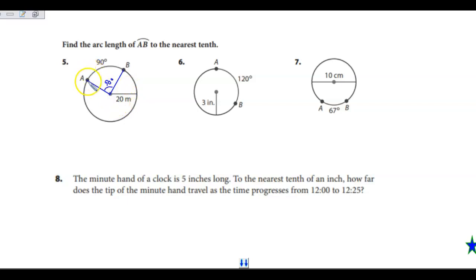And I want to find the length from A to B. I see that my radius is 20, and my measure of my angle is 90. And so I'm going to use that to find, to the nearest 1/10, the length in terms of pi and in decimal form.